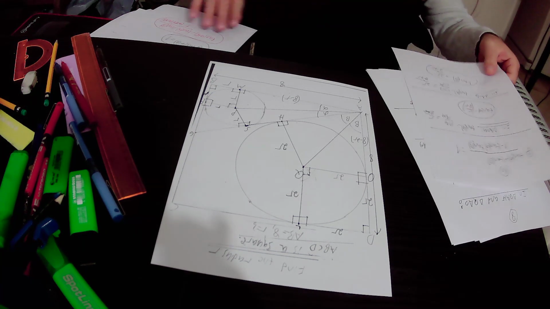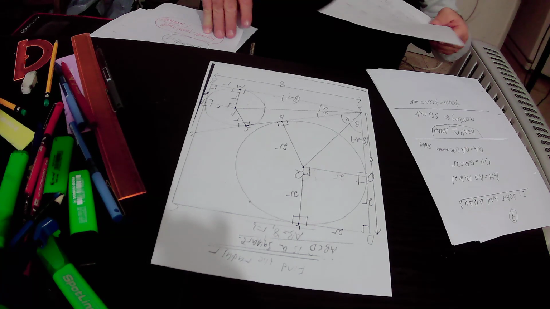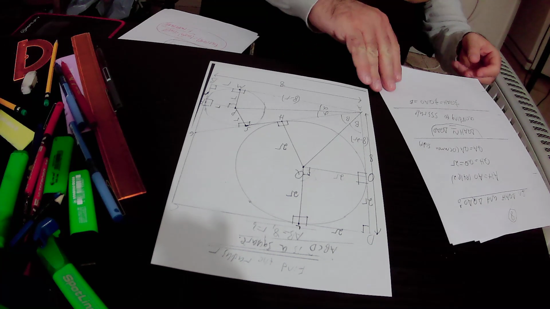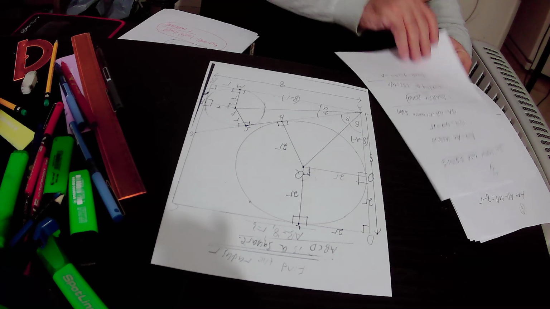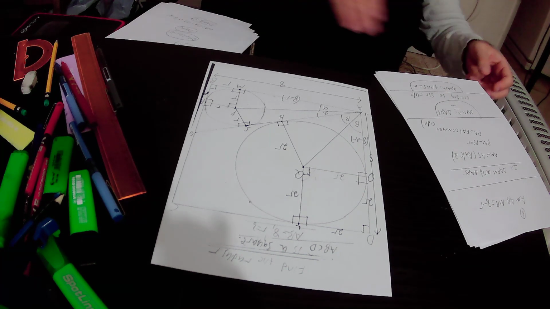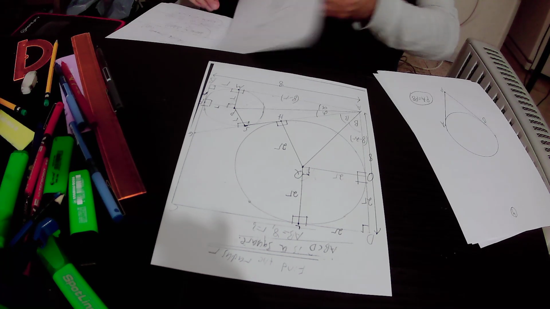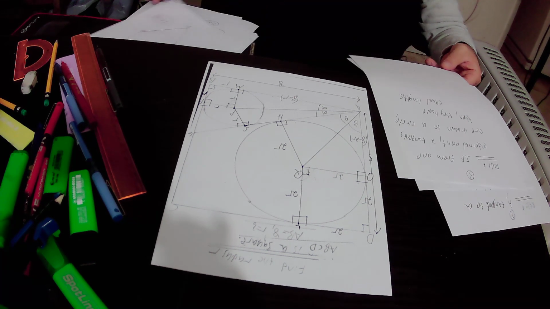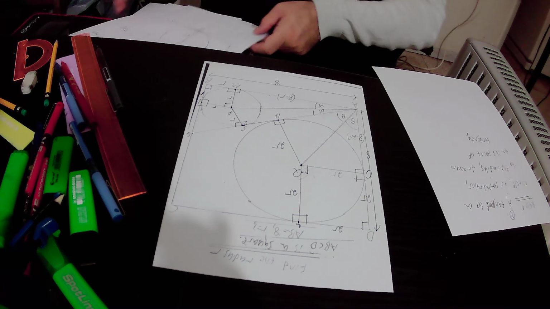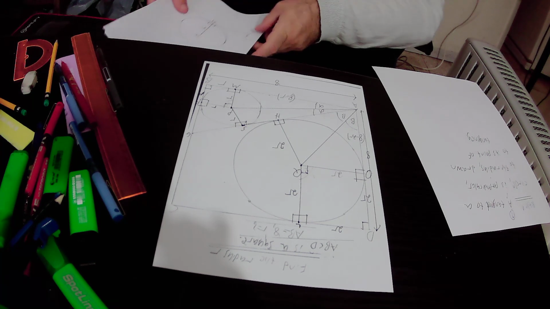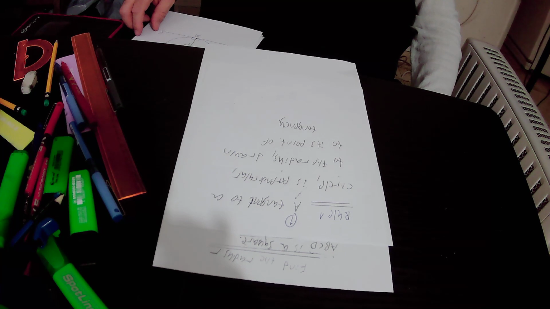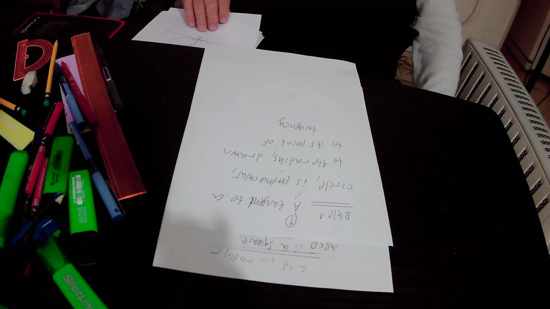Actually, the first rule, rule number one, was that a tangent to a circle is perpendicular to the radius drawn to its point of tangency. So what is the meaning of rule number one?